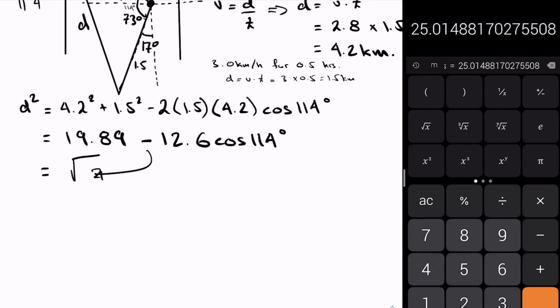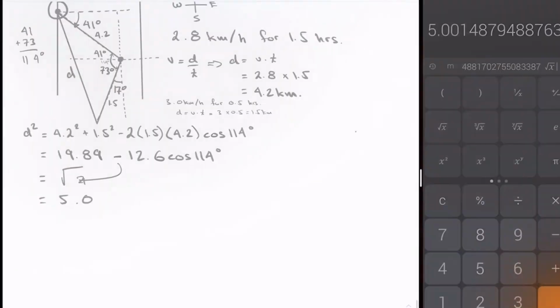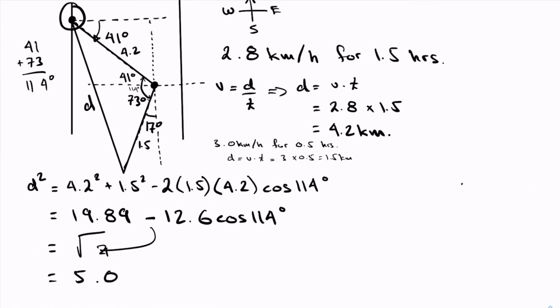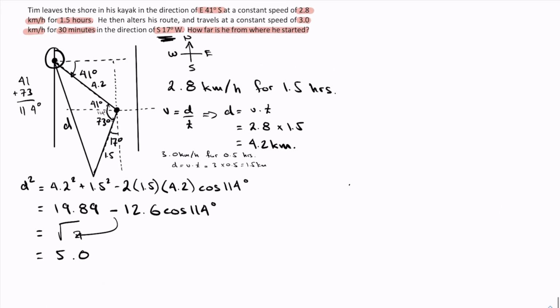Okay, if I just take the square root of that, it's basically equal to 5. So I'll write that over here, 5.0. And I'm done. I have my distance, which is 5 kilometers, because that's what we are working in this case. And yeah, I think that's a wrap.